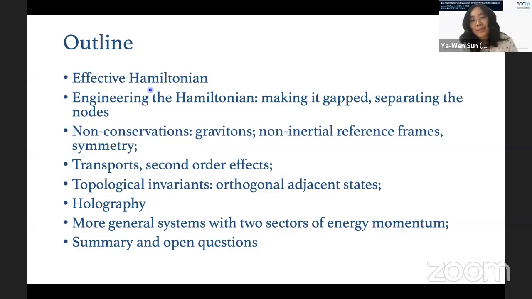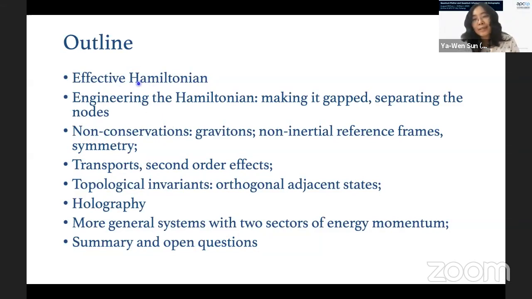And just from the spectrum of this Hamiltonian, we will see whether they are Weyl nodes or not. So we will first define an effective Hamiltonian for relativistic hydrodynamics, and this is only for our computational convenience.